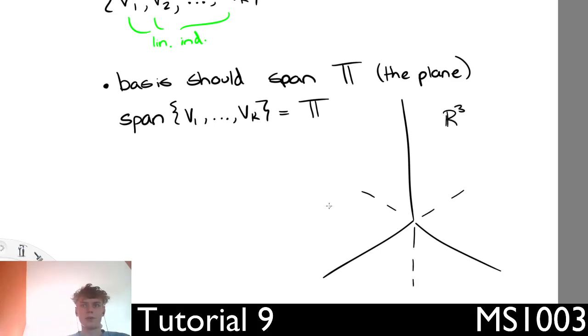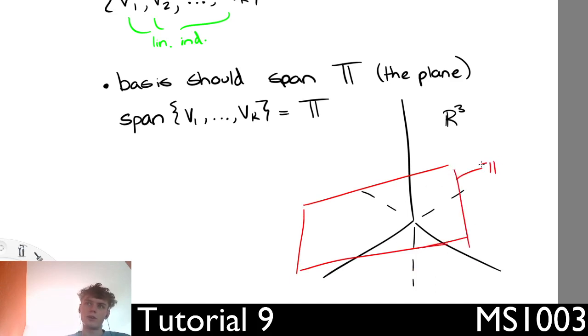And now if I draw a plane in R3, it might look something like this. Call it pi.